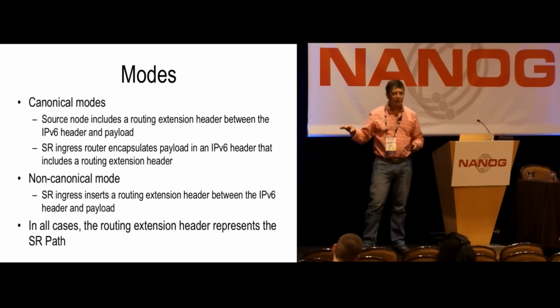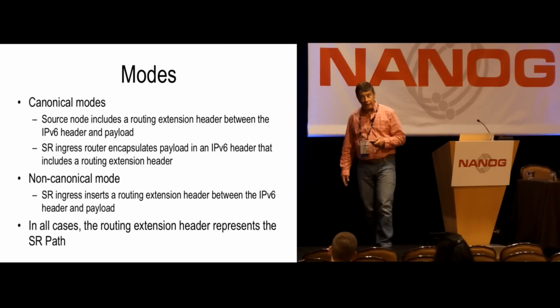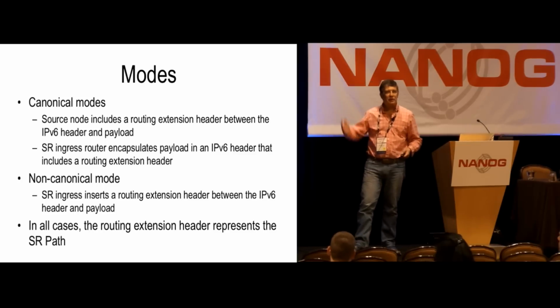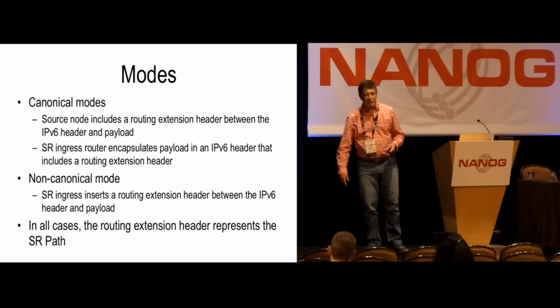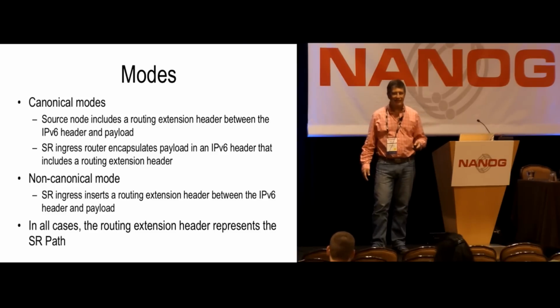We're going to talk about the canonical mode. Oh yeah, and you can also encapsulate v6 and MPLS. So, what's encapsulated has nothing to do with the encapsulation. In fact, you could even encapsulate something that's not IP, like PWE header or something like that.